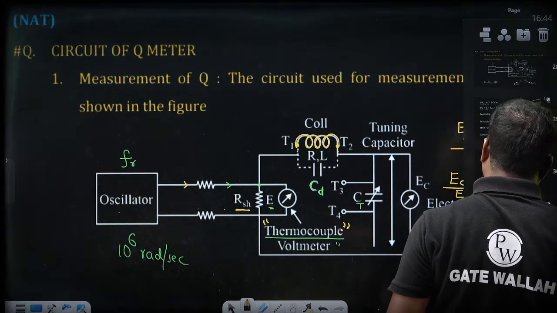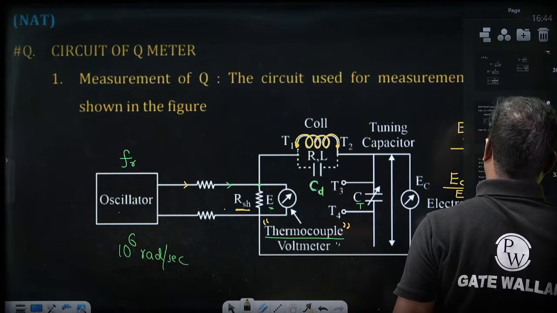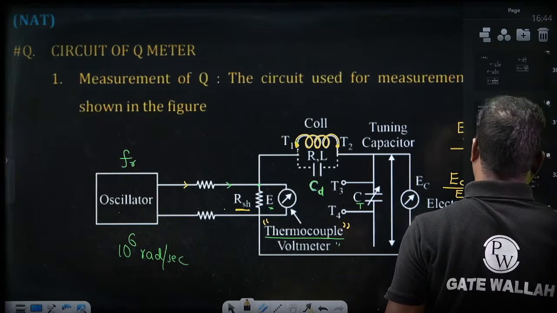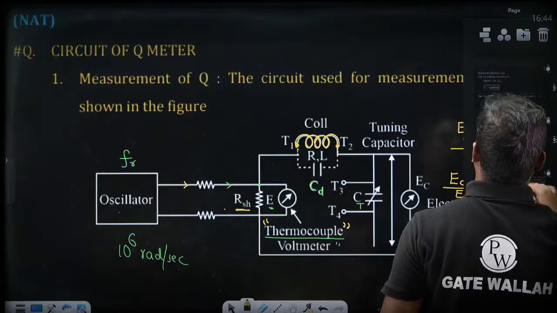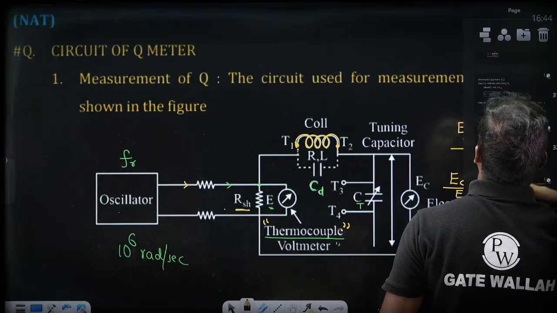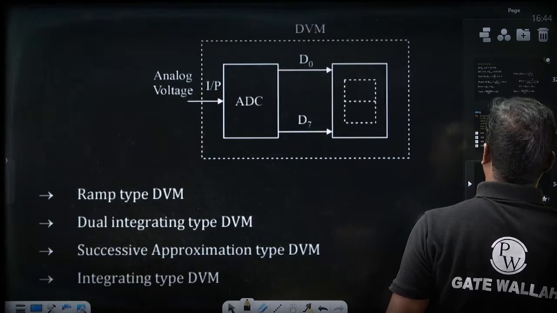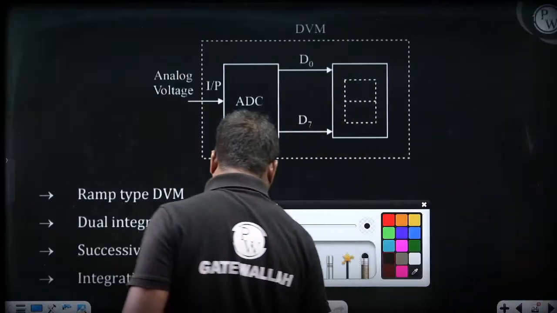So that's how the Q measurement is done. Next concept is the digital voltmeter.